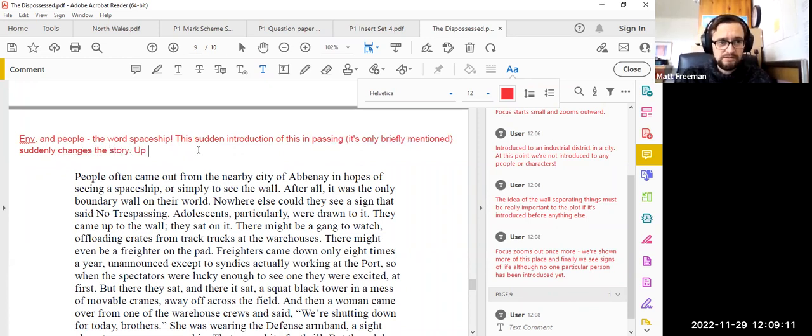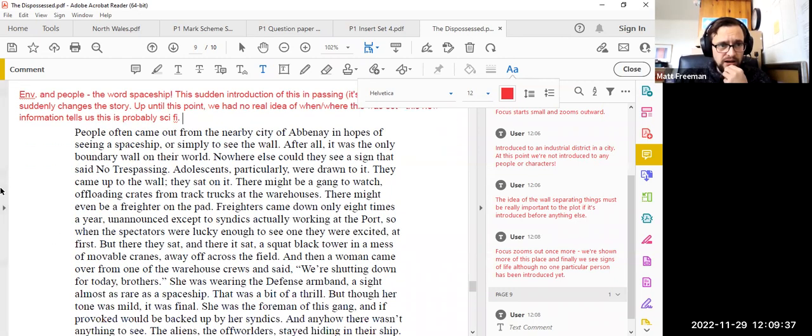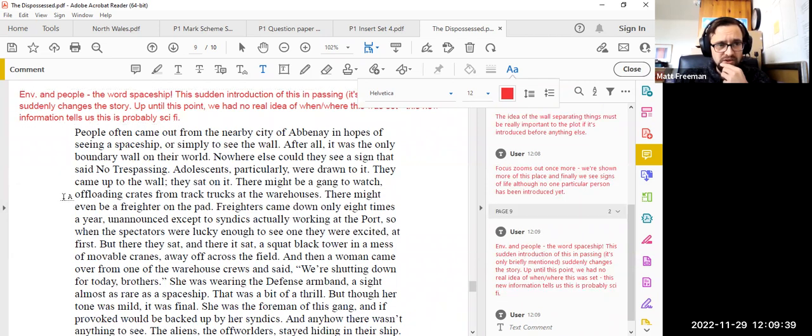Up till this point, we had no real idea of when, where this was set. This new information tells us this is probably sci-fi. And again, we've got a bit of a skip outside time here.